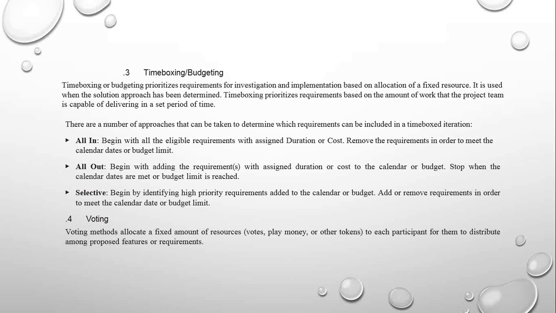With all in, you have all the eligible requirements with assigned duration or cost, and you remove requirements in order to meet the calendar date or budget limit. So all in means you take all the requirements, and then you do the planning. Planning means you put the cost and the duration, how much it is going to take.